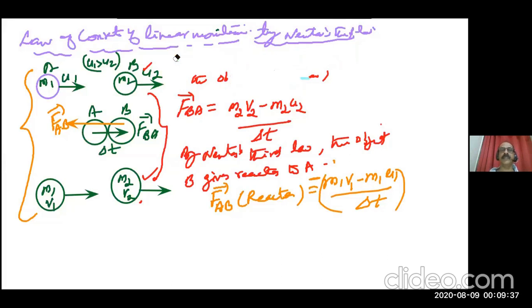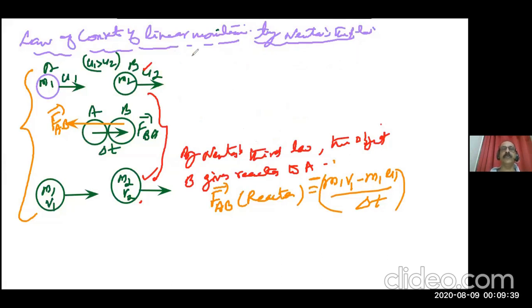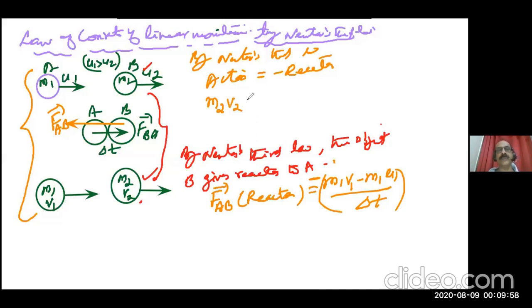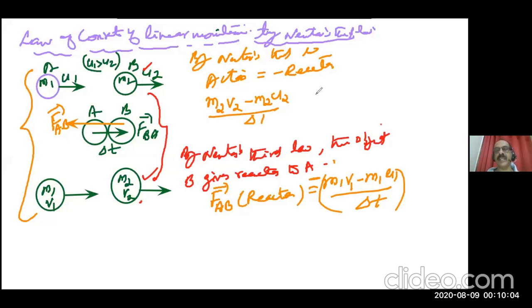By Newton's third law, action is equal to minus reaction. What is action? FBA. What that is, we already know. FBA is M2V2 minus M2U2 divided by delta T, which is equal to minus M1V1 minus M1U1 by delta T.